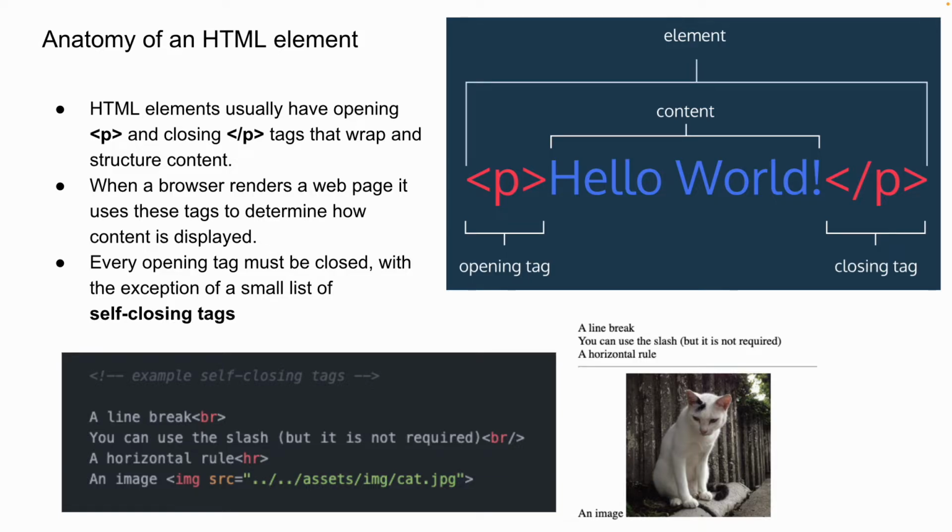There are some self-closing tags, and you can see them down on the left. A line break, a horizontal rule, an image. Those are all self-closing tags. You don't have to do a closing tag, and you just have to remember those. There aren't that many. Those are the ones I remembered off the top of my head, and honestly, I can't think of another one at the moment, which probably means you don't need it.